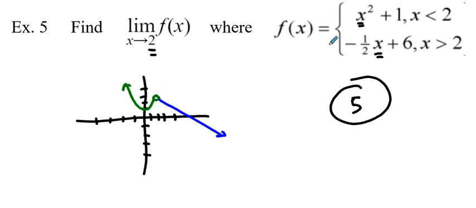So the nice thing is with these piecewise functions, if you plug the 2 in the top and bottom and get the same thing, that's your answer. Now, if you plug the 2 in top and bottom and get different things, that means these graphs don't meet. That means we would write DNE, the limit does not exist. Now in this case, they do meet. In this case, you get the same value, so that number is our answer, and we're totally done. That's all the work we have to do.